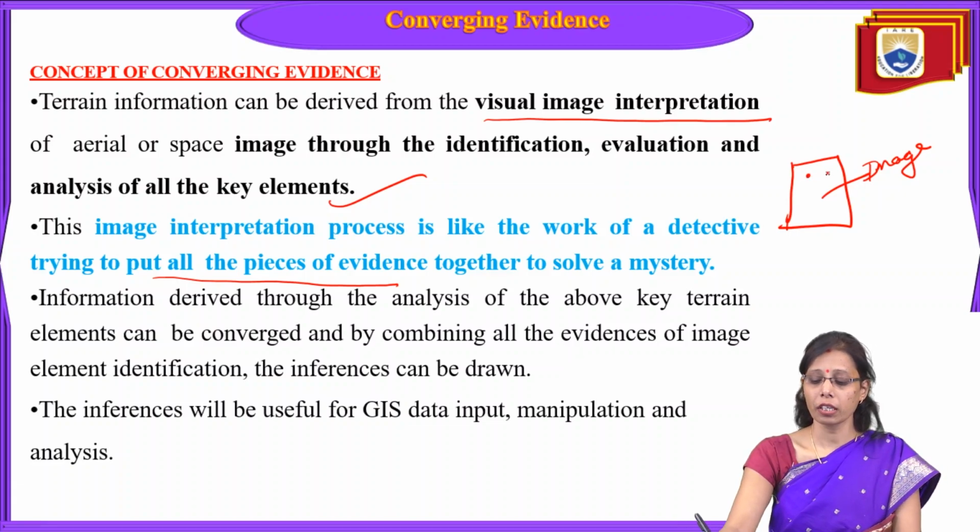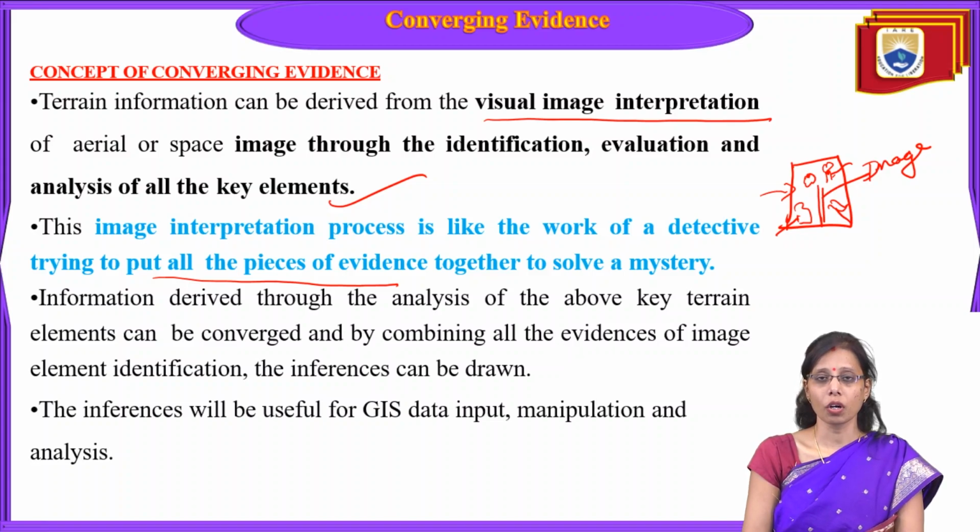Suppose we have many features here, let us say a water body, a forest area, a road, a river and a lot of vegetation. If you want to identify all of these features, the interpreter will identify them separately and then put them together in a single image to get the output of that particular image.